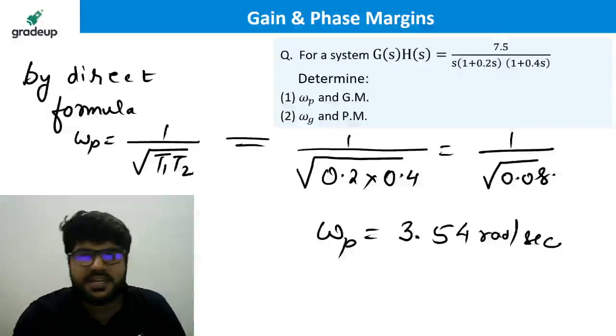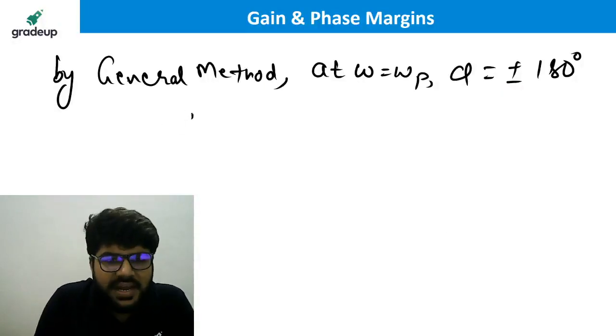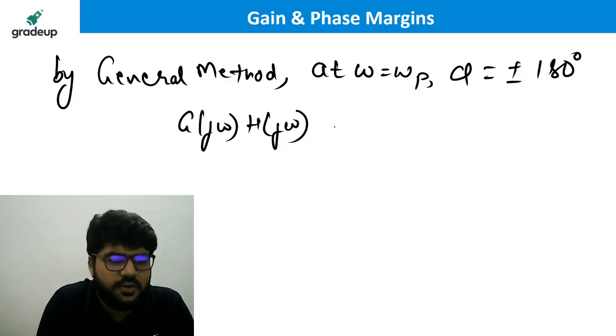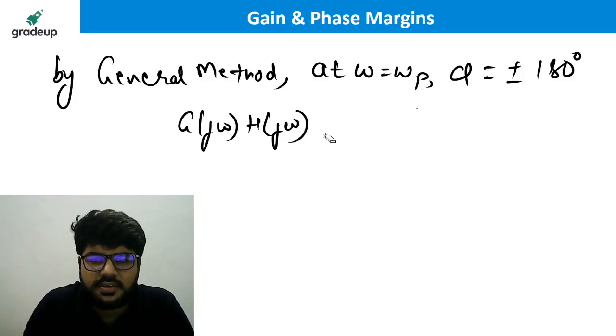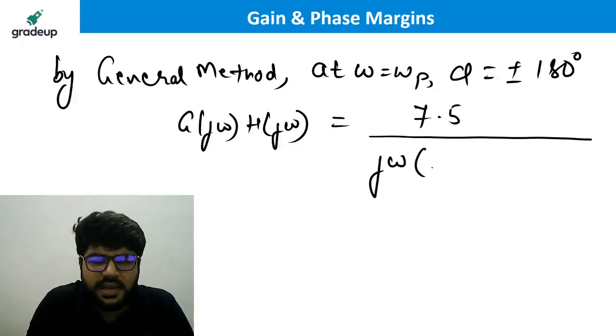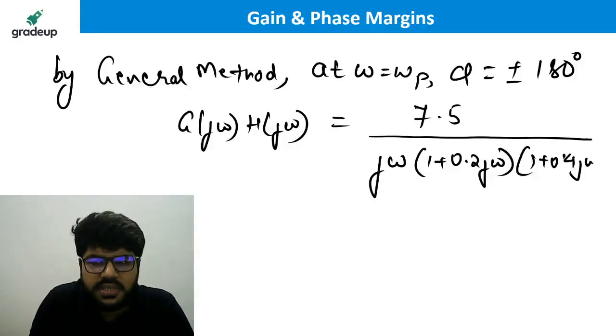So what is G(jω)H(jω) given to you? It is 7.5 divided by jω(1 + 0.2jω)(1 + 0.4jω).